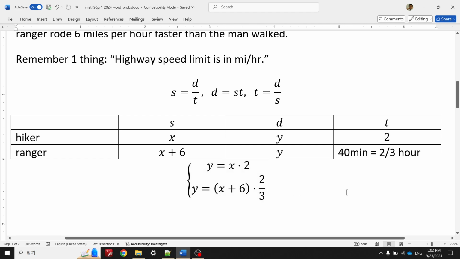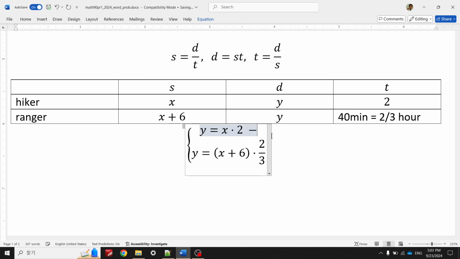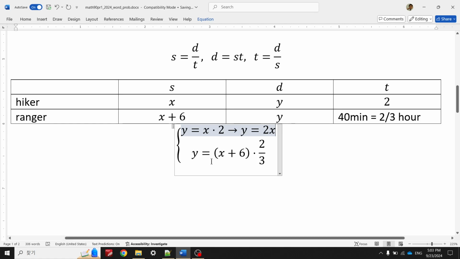How do you solve a system of equations? Yeah? You rewrite this as y equals something, right? Right, y is equal to 2x, and then you plug that into the next equation. You solve for one variable, so maybe I should write this.